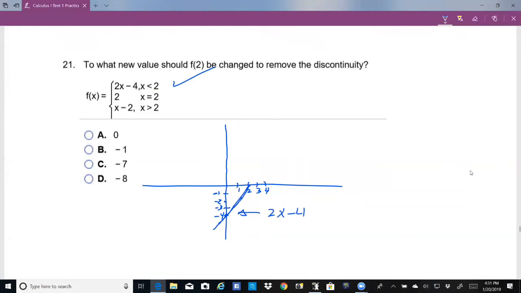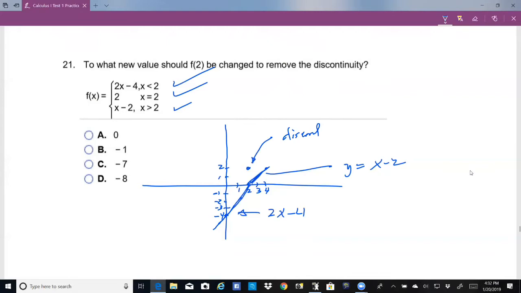Now, to the right of x equal 2, the slope is 1. So the function is y equal x minus 2. The value of the function at x equal 2 is said to be 2. So there is a discontinuity here.